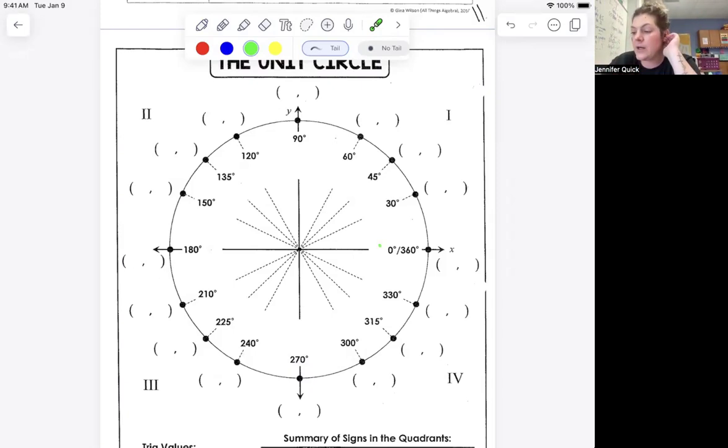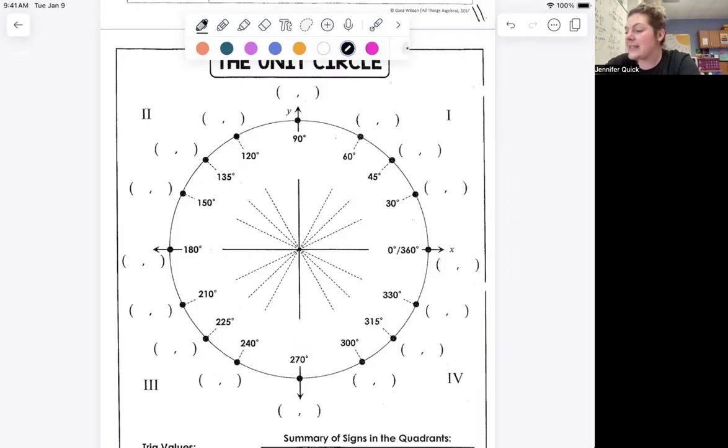We've got 0, 30, 45, 60, 90, 120, 135, 150, 180, 210, 225, 240, 270, 300, 315, 330, and a positive 360. That gets me one revolution. Now, the other thing that's within the unit circle are the radian measures.